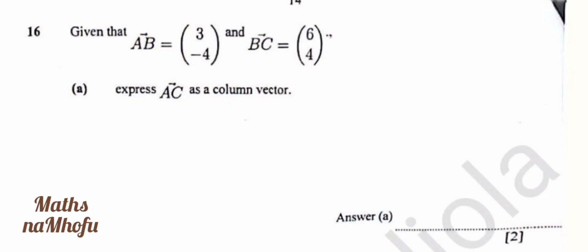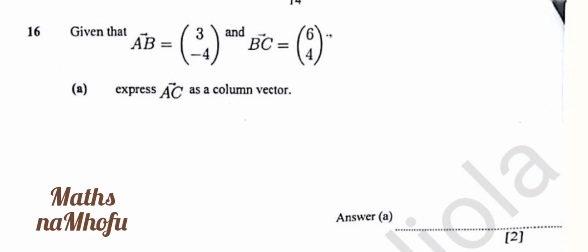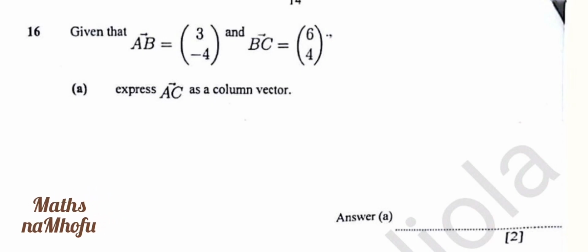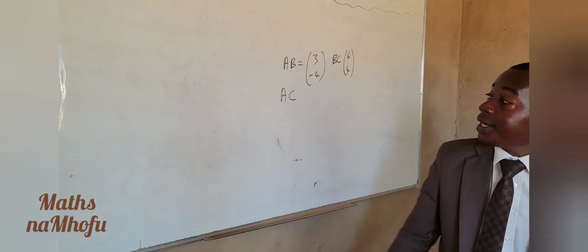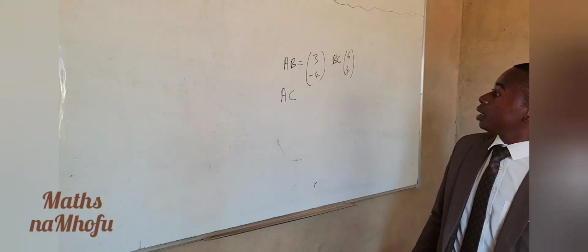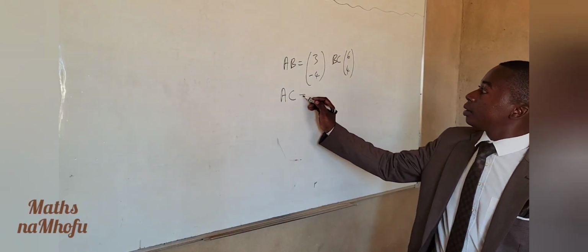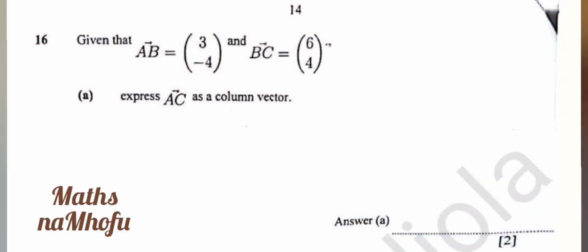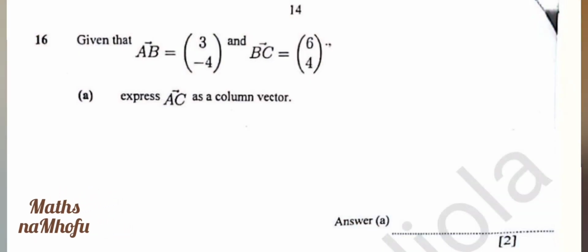So, for us to express AC, remember the formula for finding AC, we say what? Yes, Robert? AB plus BC. I want you to keep that in mind.